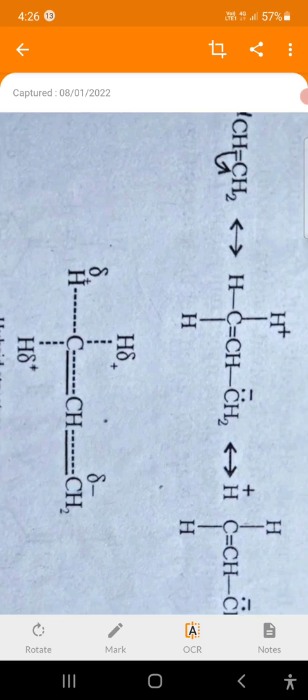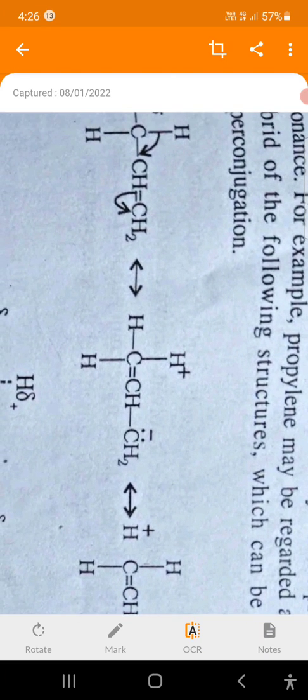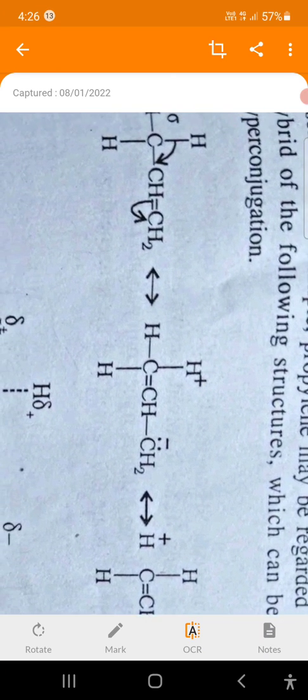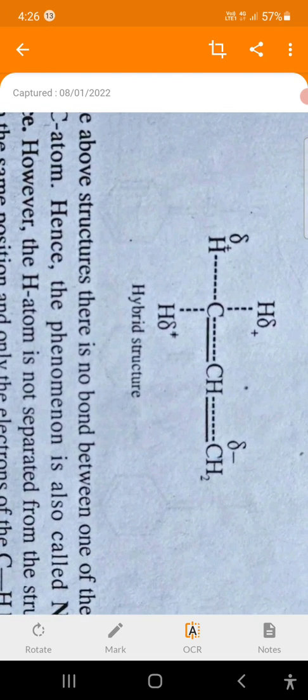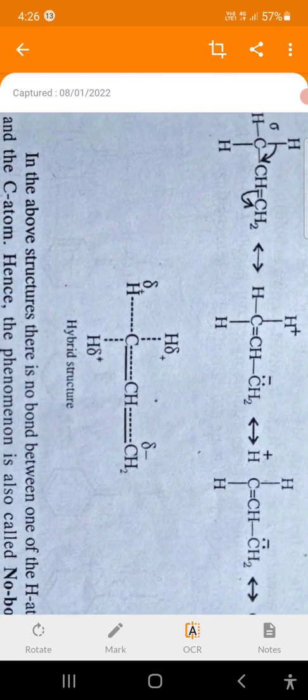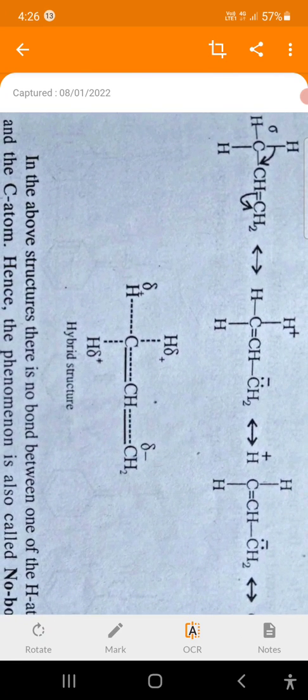Such migration of carbon hydrogen bonds which are in conjugation with the carbon carbon double bond is known as hyperconjugation, and the hybrid structure is shown here.